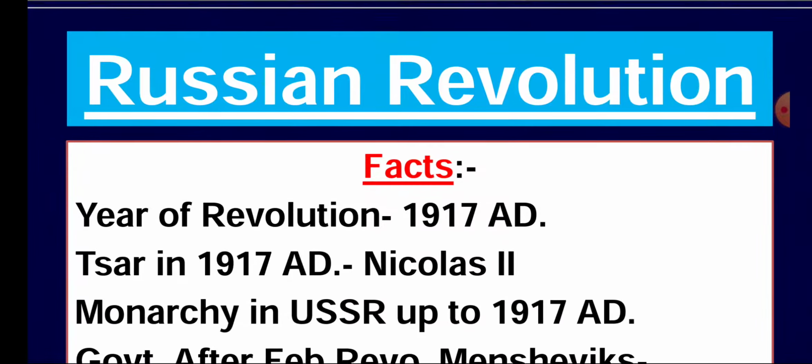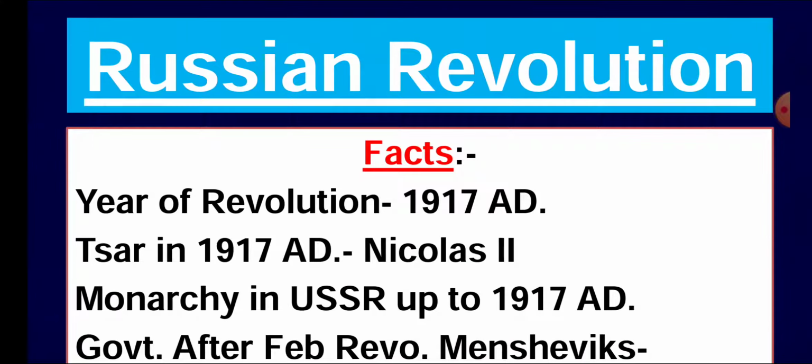It means in the first decades of the 20th century, there was a revolution in Russia, one of the largest countries in the world. Before 1917, this country had monarchy.